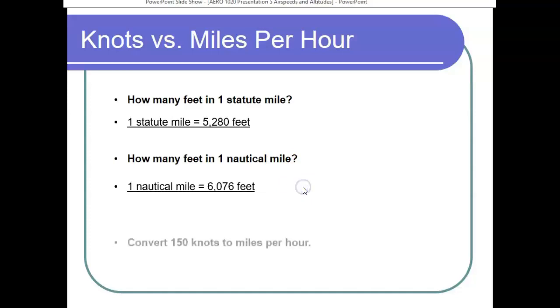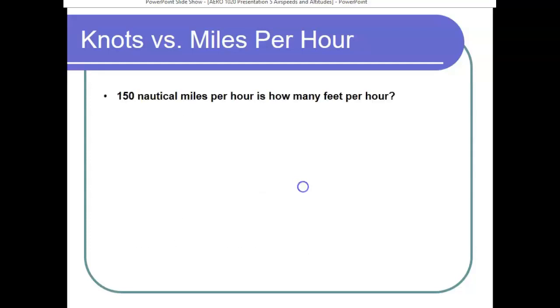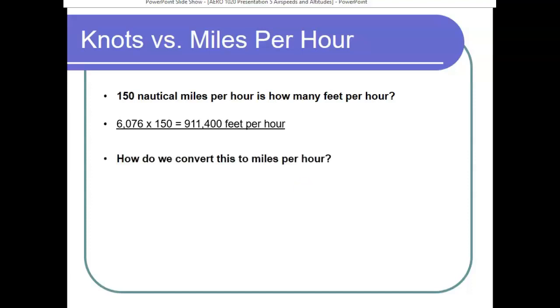So how do we convert 150 knots to miles per hour? Well, 150 nautical miles per hour is how many feet per hour? We know that 1 nautical mile is 6,076 feet, so we multiply that by 150 nautical miles to get 911,400 feet per hour. How do we convert that to miles per hour?